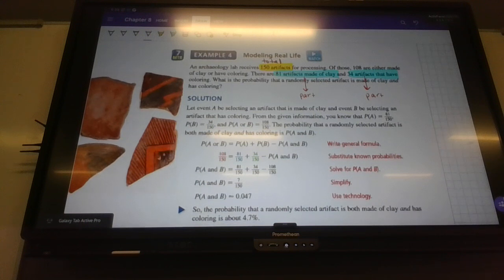What is the probability that a selected artifact is made of clay and has coloring? Oh boy. So what do we have here? Out of the 150, they have added the clay and coloring and arrived at 108 over 150.